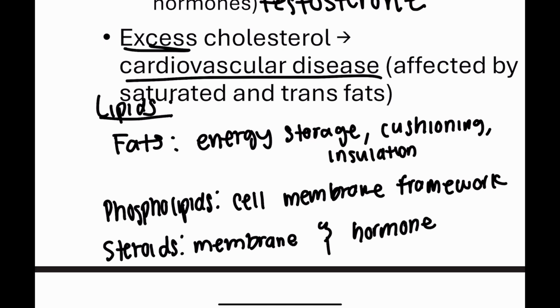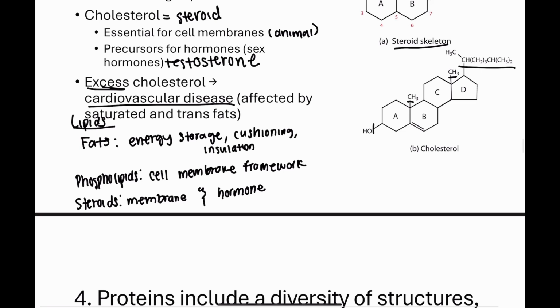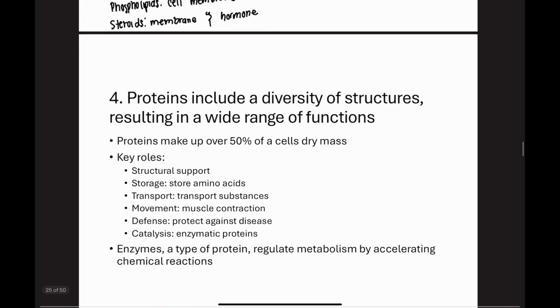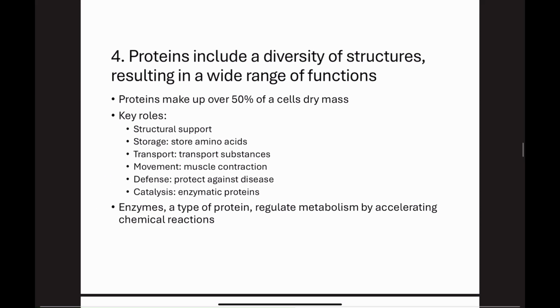So from lipids being hydrophobic to the different biological roles that they have, they're able to demonstrate so much adaptability in our molecules that it's going to support the processes of life. The next section that we're going to talk about is proteins, which is another macromolecule.